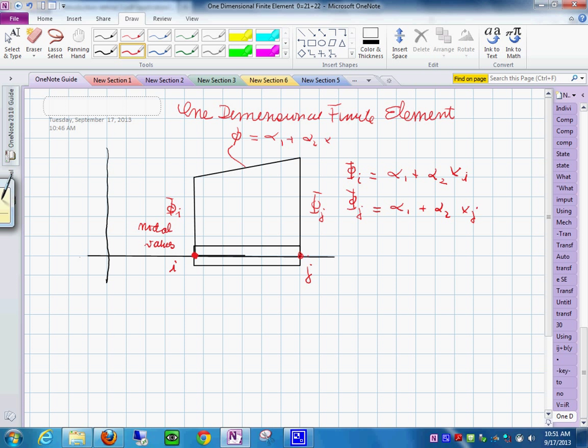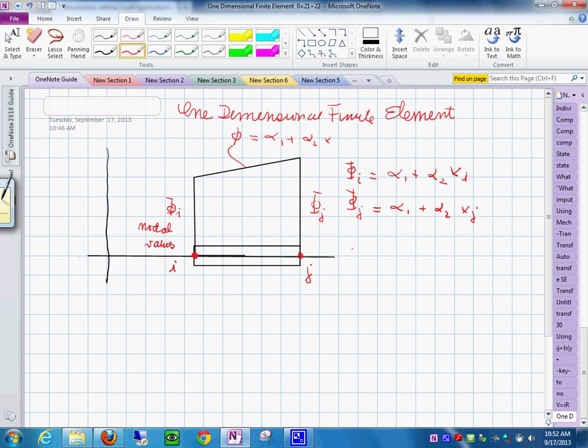Using this principle, we saw that we could produce the coefficients alpha 1 and alpha 2 and come up with an expression for phi.